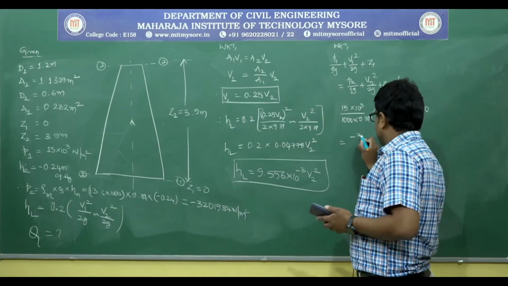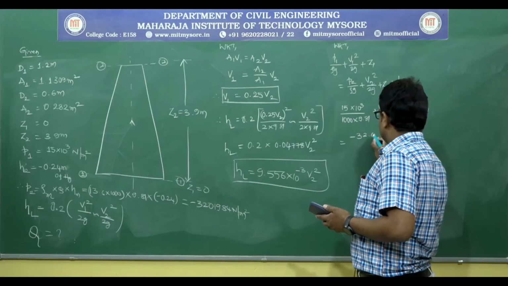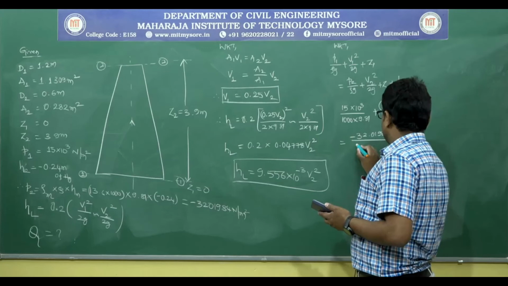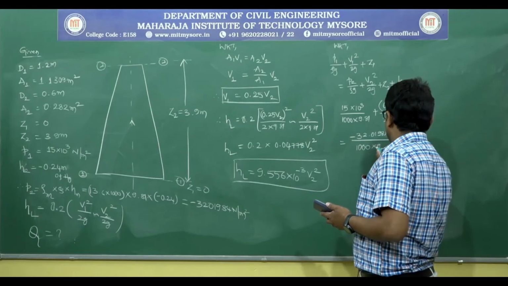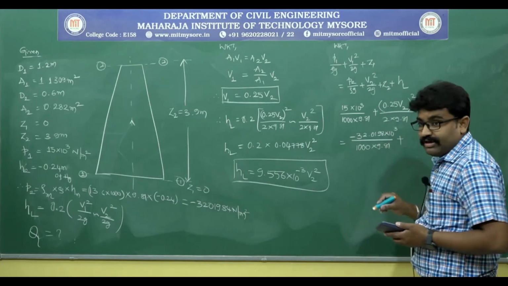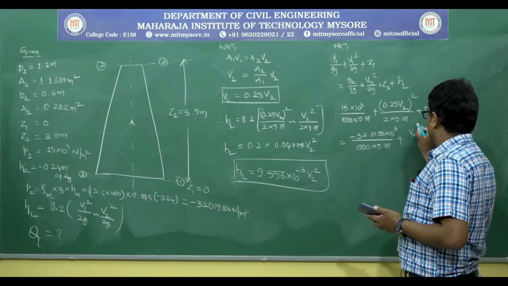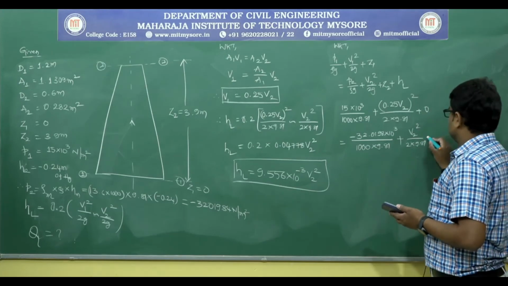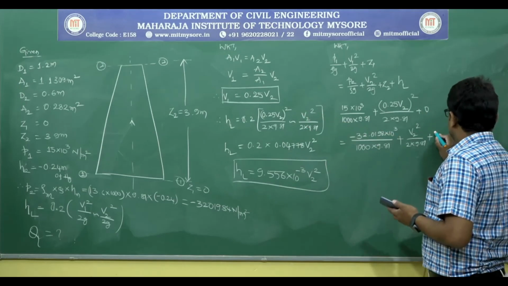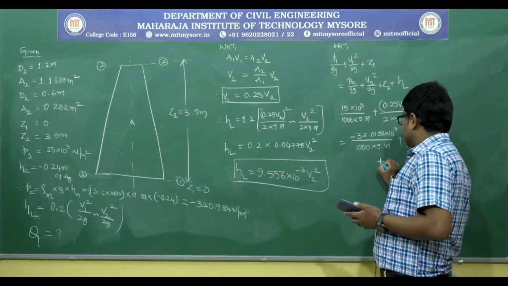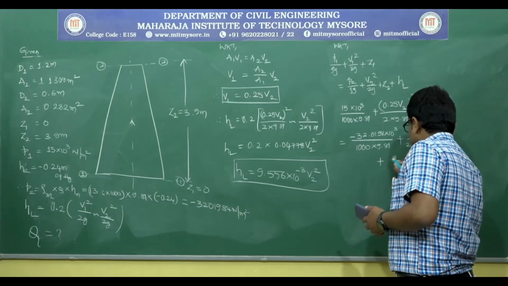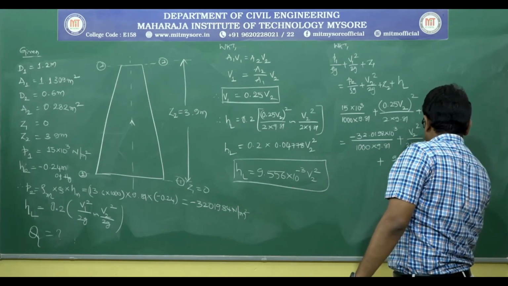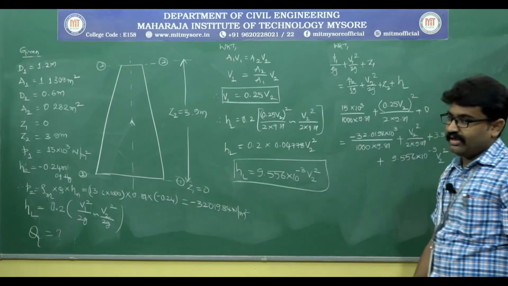This can be written as minus 32.0198 into 10 power 3 divided by 1000 into 9.81, plus V2 square by 2g. I will write it as it is, V2 square by 2 into 9.81, plus Z2. Z2 is given to be 3.9, plus HL, which is nothing but 9.556 into 10 power minus 3 V2 square.